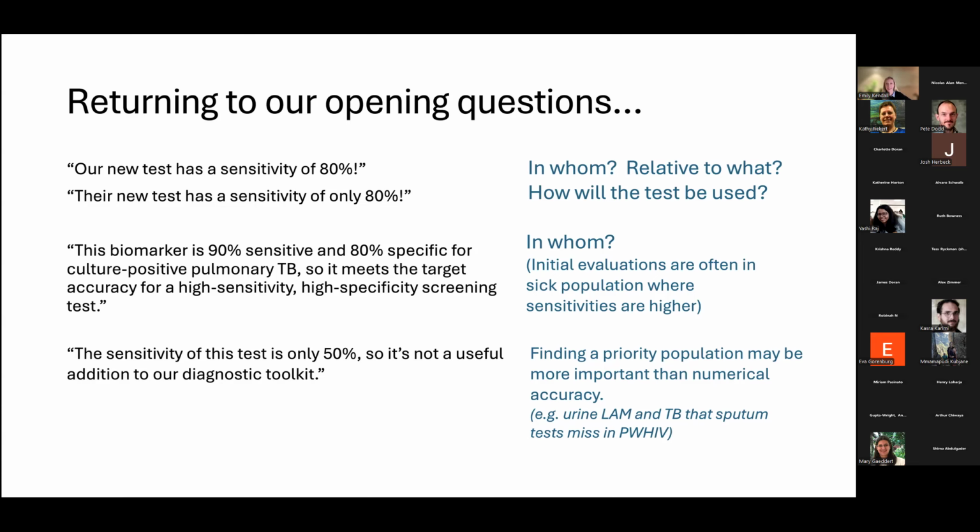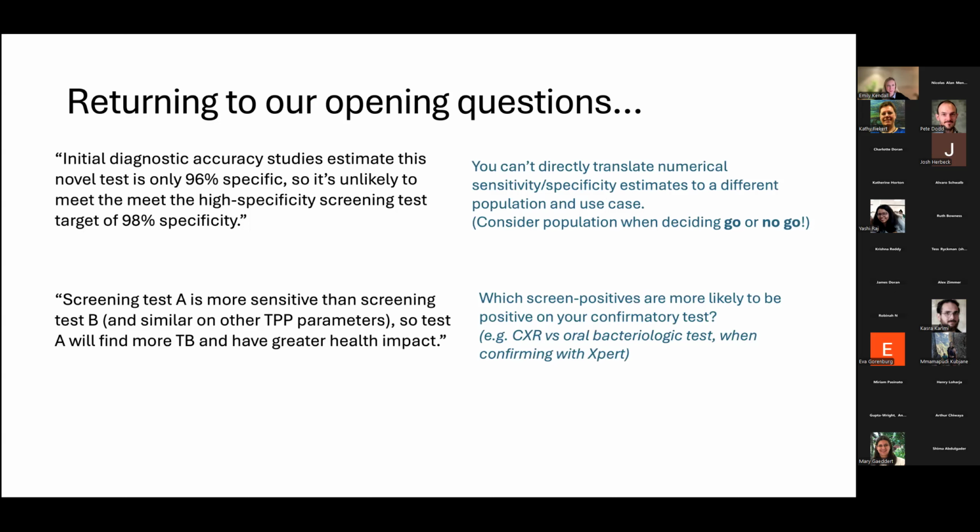And if you have something like, say, urine LAM that is low sensitivity overall, but that detects a high-risk clinical subpopulation that's difficult to detect with other sputum-based tests, then it may actually still be really useful, even despite low numerical estimates of diagnostic performance.